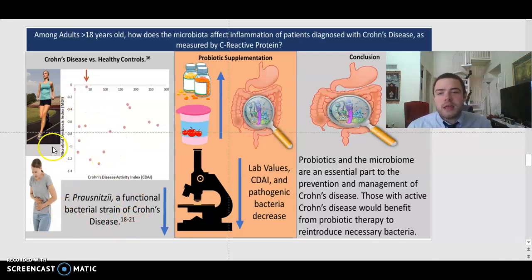And as you can see in this graph, as the Crohn's disease activity index increased in this direction, there was a substantial decrease in the microbial dysbiosis index, which means that participants with a higher level of Crohn's disease activity had an increased chance of microbiome dysbiosis, which indicates that the microbiome has an essential role for those with Crohn's disease and others in the prevention of associated inflammation in the gut.